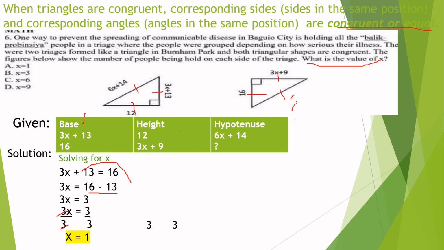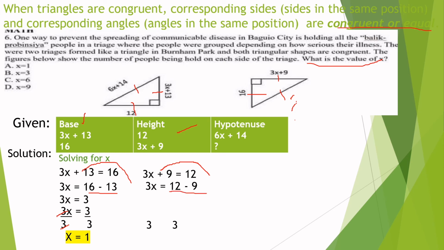Next, we can also use the height in finding the value of x. So the question is, do they have the same answer? Yes, let's see. So we have now 3x plus 9 is equal to 12. Again, isolate the variable or combine like terms. So we have 3x is equal to 12, and then transposing positive 9 over the equal sign, it becomes negative 9.